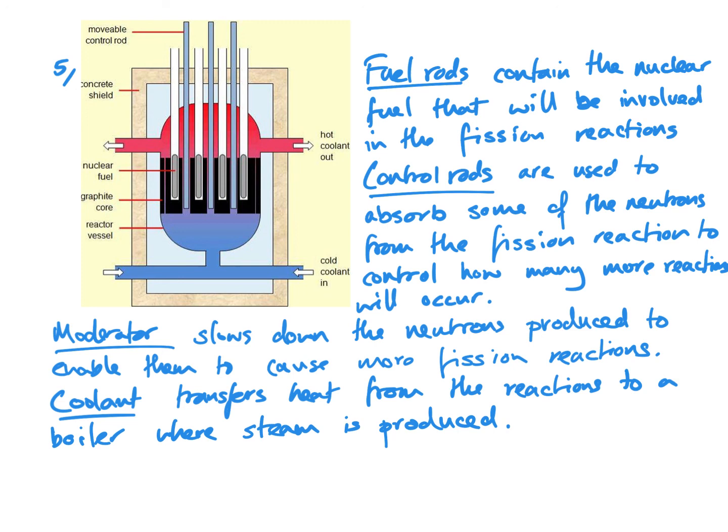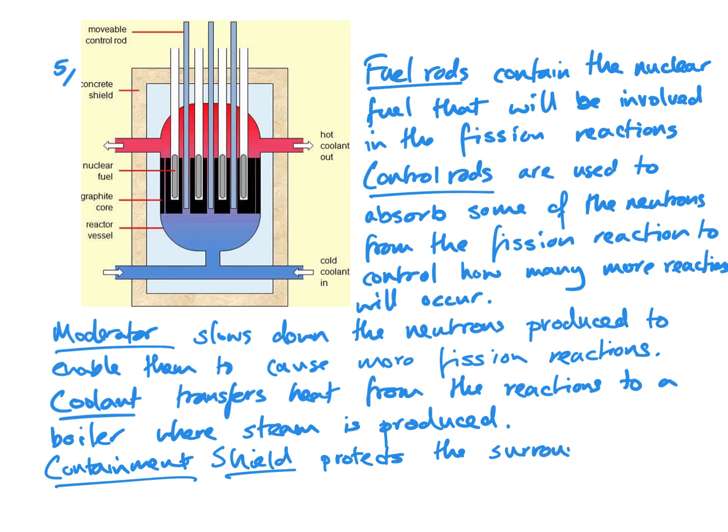And then lastly, you have what's called a containment shield, which is the mixture here of the reactor vessel and the concrete shield. And the containment shield protects the surroundings, partially from radiation, but also acts as a safety measure were it to explode.